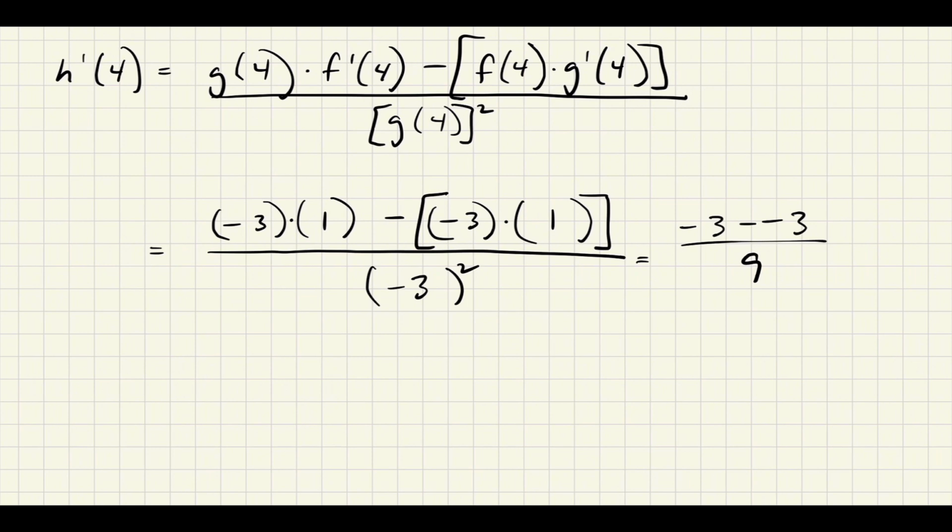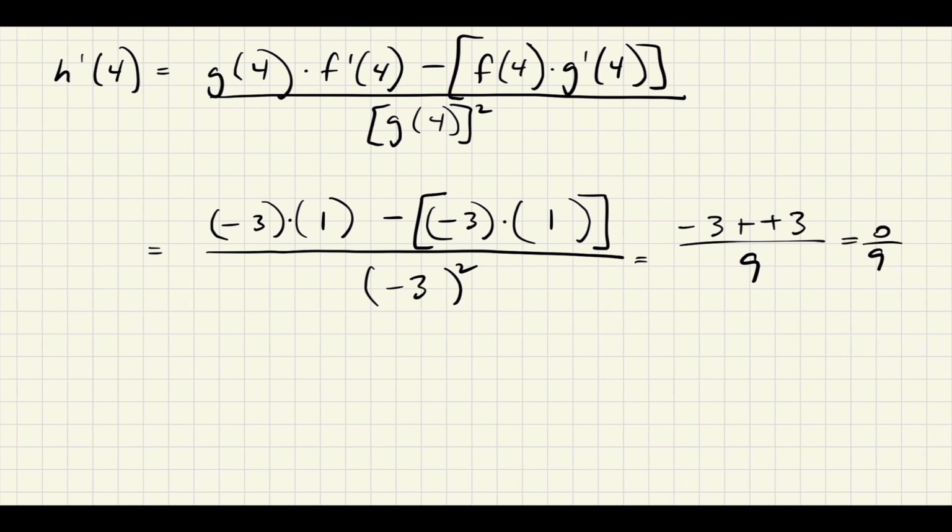So I get -3 minus a -3 over 9. So the top is just 0. So h prime of 4 is 0.